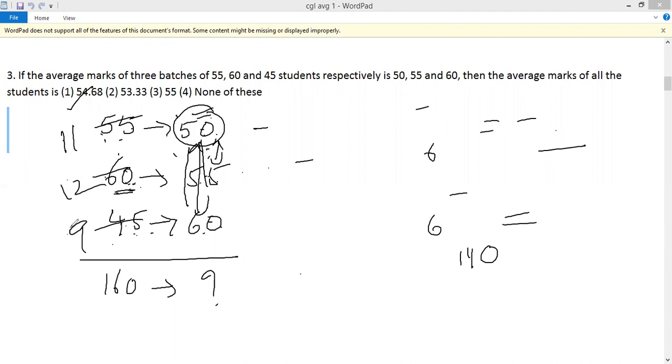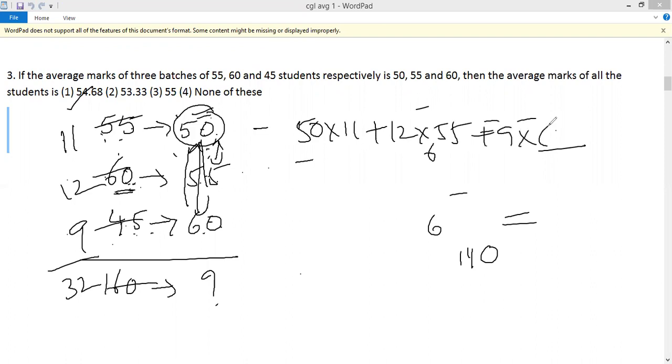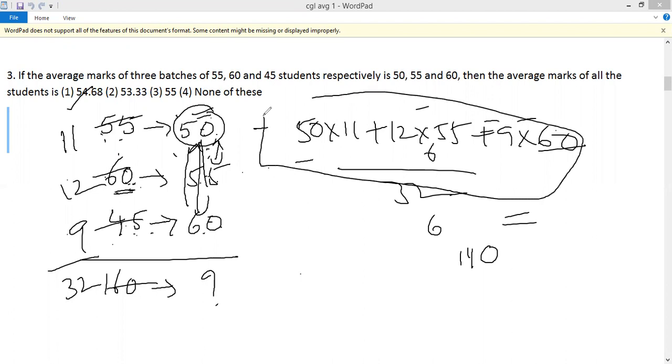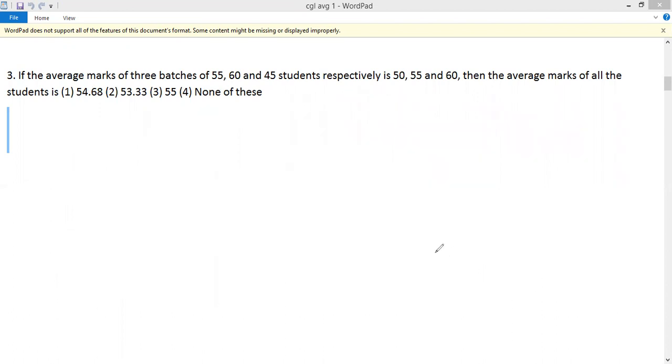It is better to divide by 5. Next, how much? 32. Instead of this, you can find 50 into 11 plus 55 into 12 plus 60 into 9, by 32. It is a little bit easy. Don't worry, you can do the previous method only. If you have very much time in the exam, you can do like this. If you don't have that much time, please do the previous method.